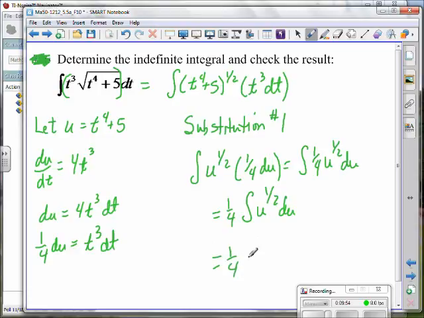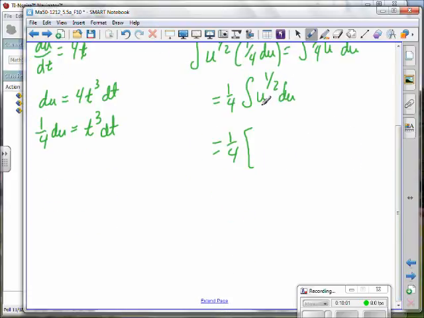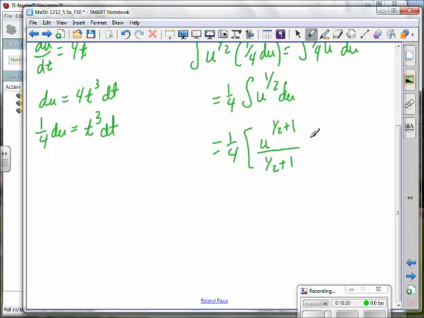So now if I integrate this, I have 1/4. Now we're going to keep it in terms of u just for a moment here. So what do I do to integrate u to the 1/2? Let's see, the first thing we do is add 1 to the exponent and divide by the new exponent, plus c. Now, what have I just now created?